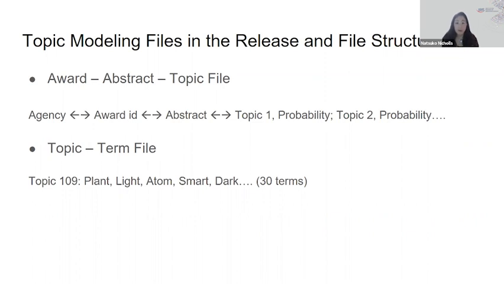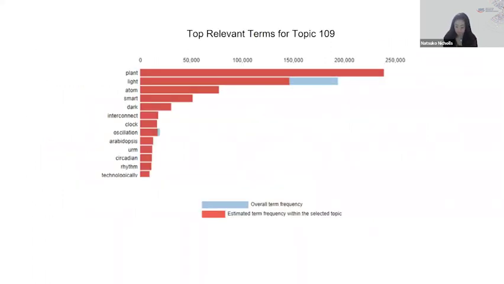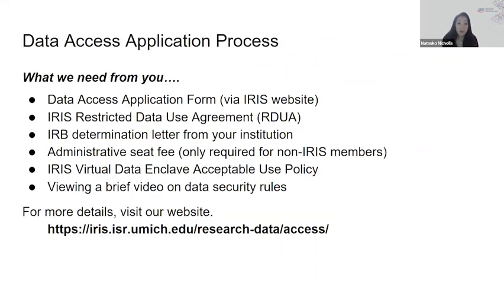So with those two files, researchers can associate a word and the research project that's associated through the abstract. Well, I could probably go on and on with more updates, but I should stop here.